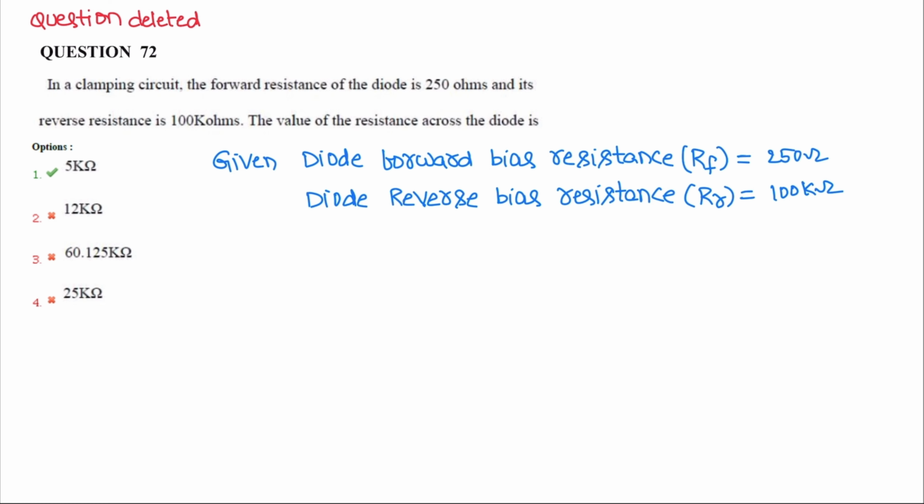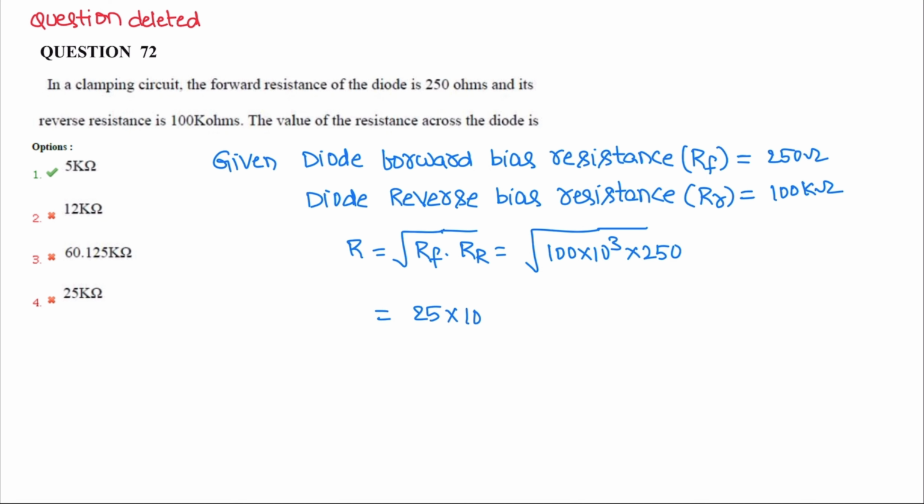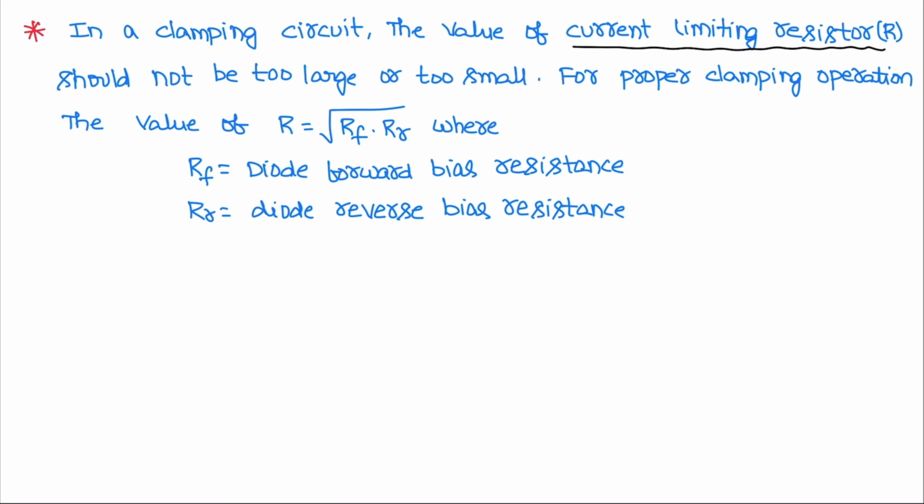Now the value of current limiting resistor R is equal to under root of resistance in forward bias into resistance in reverse bias, that is 100 into 10 cube into 250, that is 25 into 10 power 6 under root. Its value is 5 into 10 cube, 5 kilo ohms. The current limiting resistor R is equal to 5 kilo ohms.